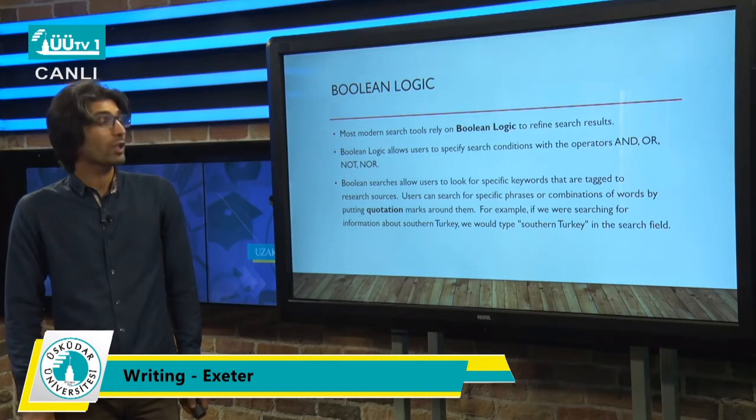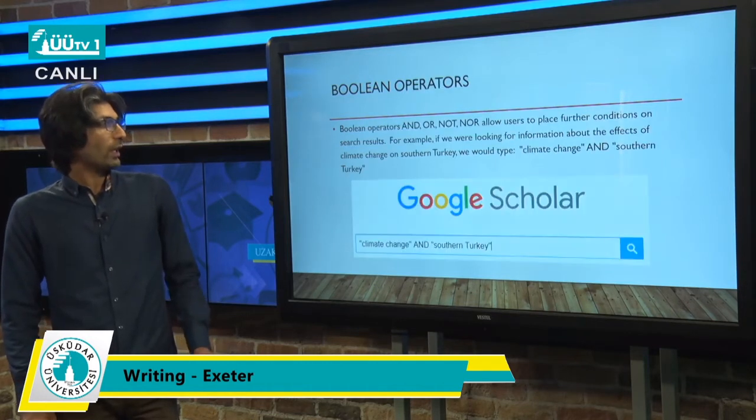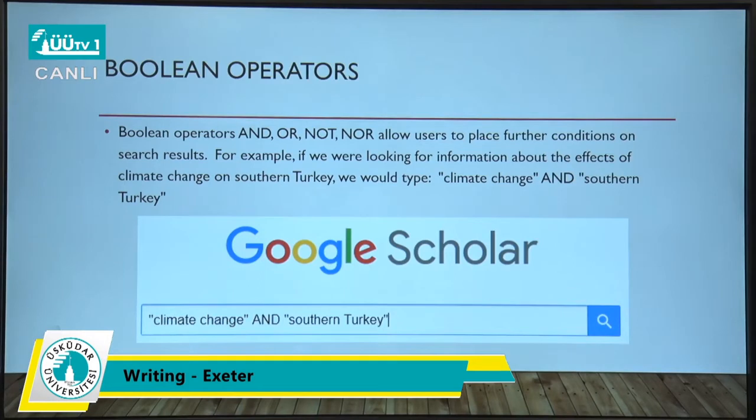Boolean operators, as I told you before, and, or, not, nor, allow you to place further conditions on search results. For example, if we were looking for information about the effect of climate change and southern Turkey, look at this part again.